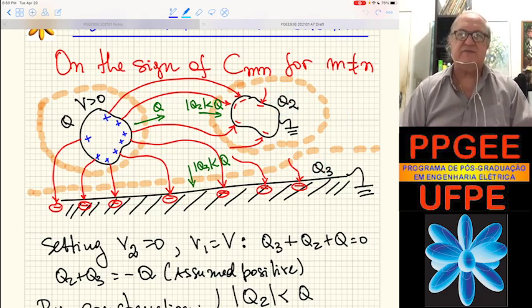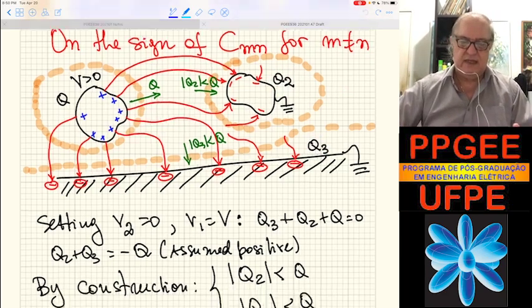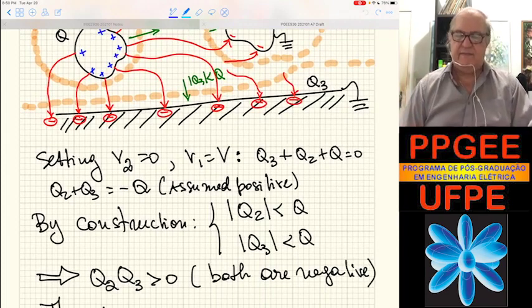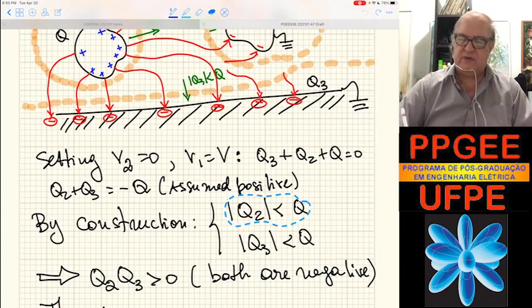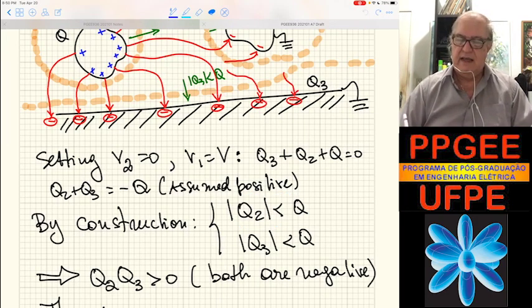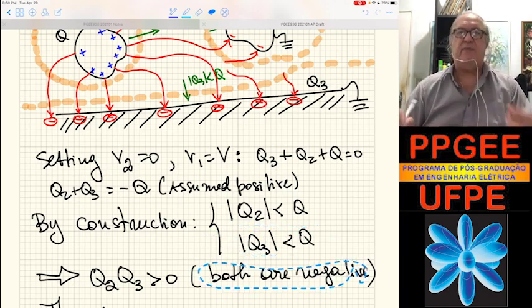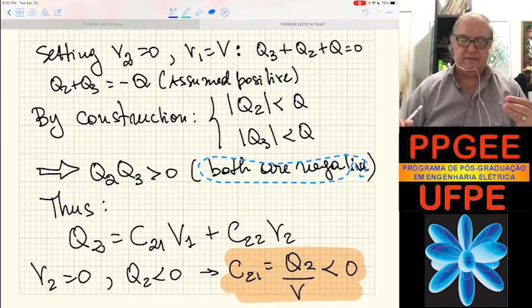So there's no positive charge in the grounded electrodes. In other words, the magnitude of Q2 is smaller than Q, the magnitude of Q3 is smaller than Q, and both charges are negative, so the product is positive.